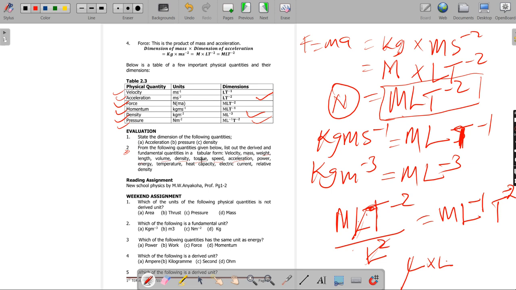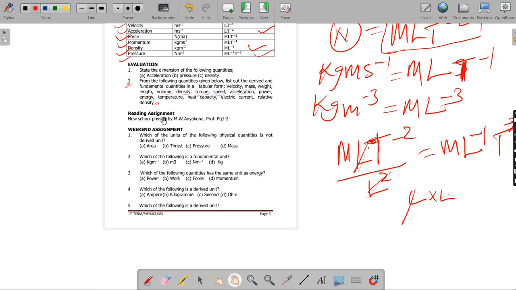It's later in this course that we're going to discuss this, the turning effects of forces and all of that. Then power, energy, temperature, heat, heat capacity, electric current, relative density. So make a table classifying these as either fundamental quantities or derived quantities. And you could also include their units and their dimensions.